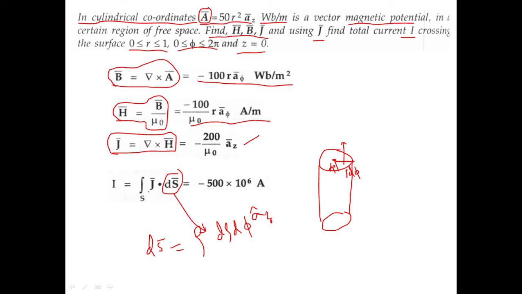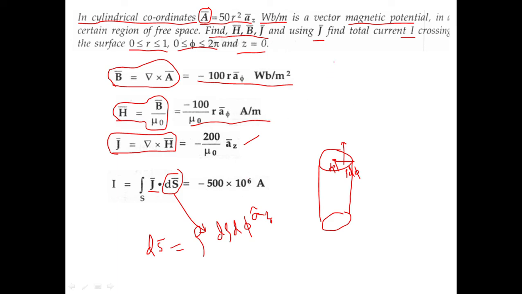Now J vector also has Az, this also has Az, so those two dot product will be 1. So here we have rho d rho d phi.